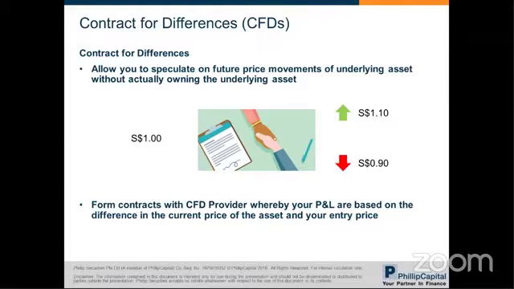So in essence, if the share price went up to $1.10, you get the profit of 10 cents, which we pay to you. On the other hand, if your share price goes down to 90 cents, then you have to pay us the 10 cents, which is just settling the difference. We are not involving the transfer of the underlying share in this case.